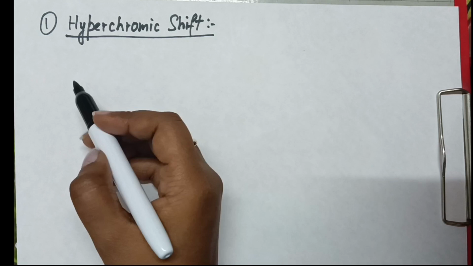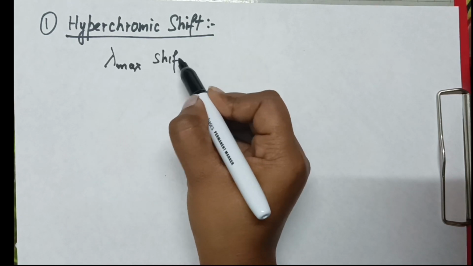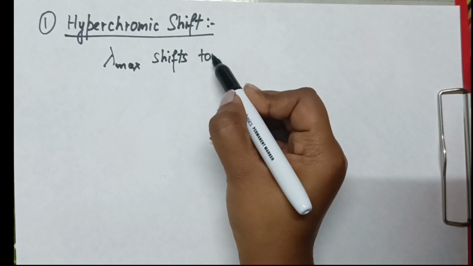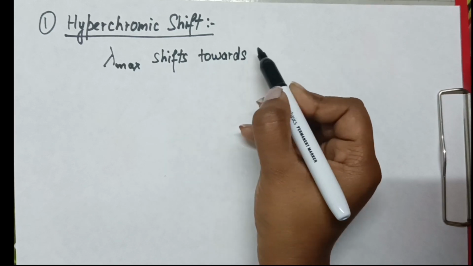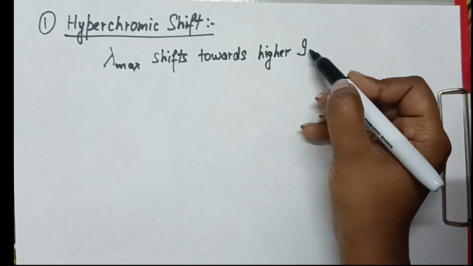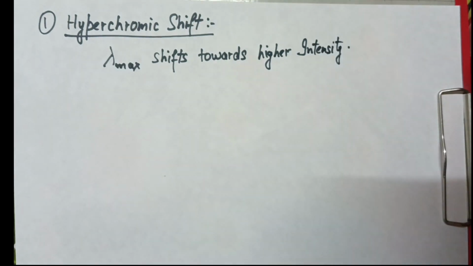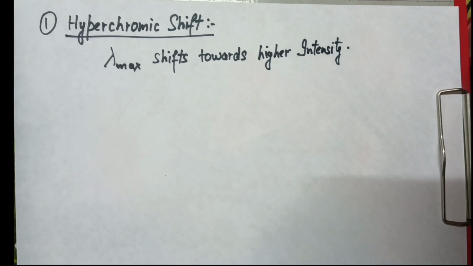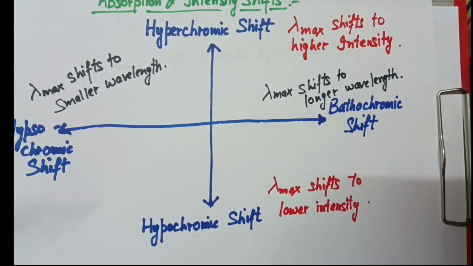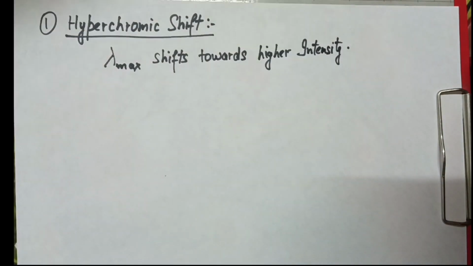In hyperchromic shift, the lambda max will shift towards higher intensity. So this is what we have discussed in hyperchromic shift. Lambda max shifts to higher intensity.